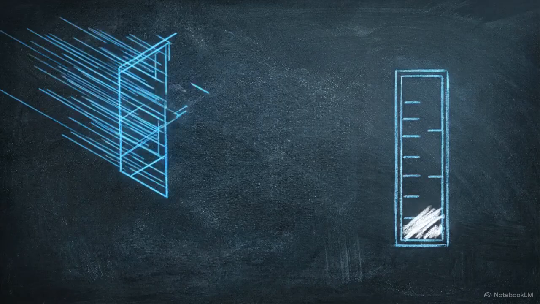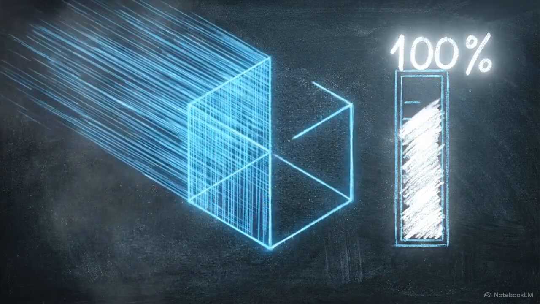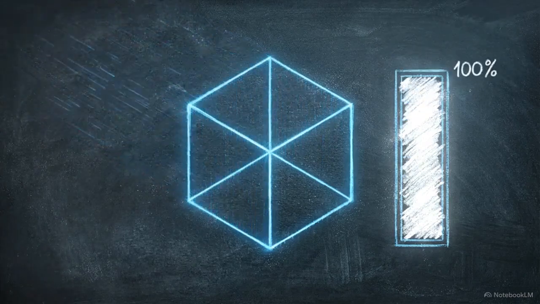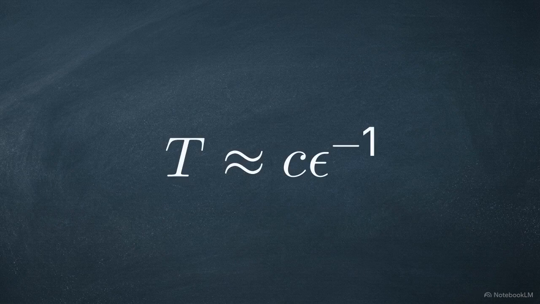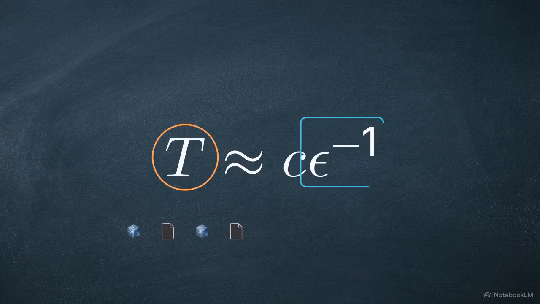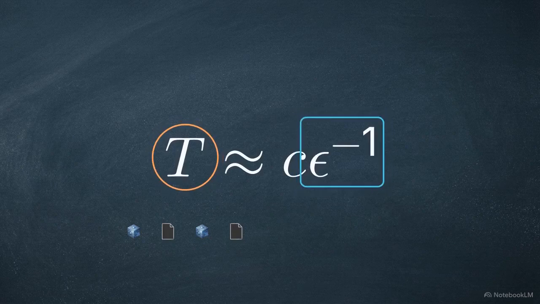However, this exploit is entirely dependent on statistical dominance, which requires a strict volume of data to succeed. The precise volume required is defined by this equation. T represents the total number of chosen plaintext tuples the attacker must intercept. Epsilon inverse is the reciprocal of the probability bias we calculated when building our differential trail.